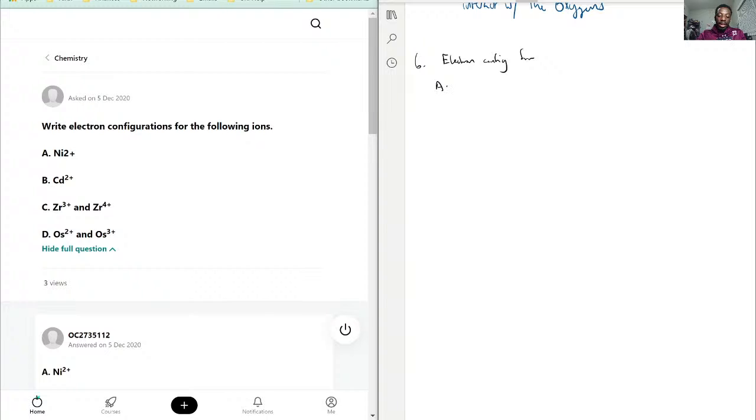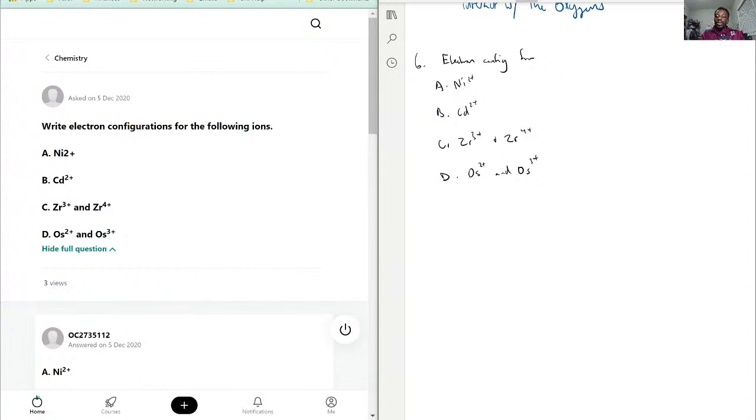We're given A, nickel 2+, B, cadmium 2+, C, zirconium 3+ and zirconium 4+, and D, it's osmium, I think, 2+ and Os 3+. Okay.